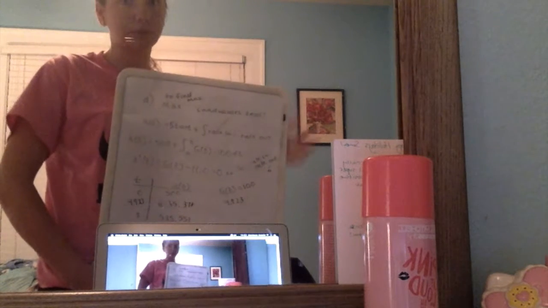So let's get to it. To find the max, we have to use the candidates test, because the candidates test allows you to compare multiple critical points to see where relative maxes or mins are, and to find the absolute maxes and mins.